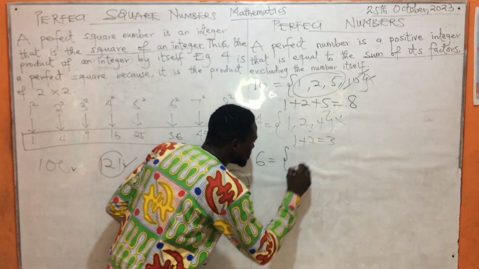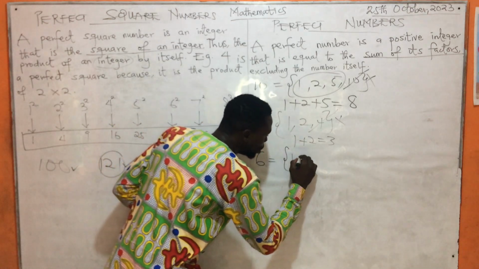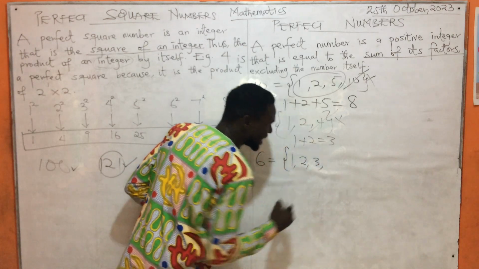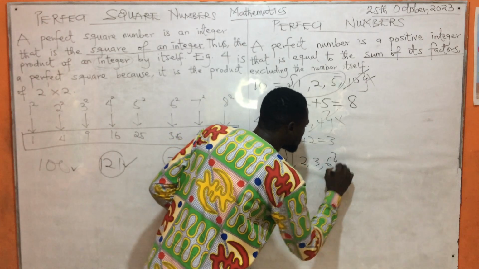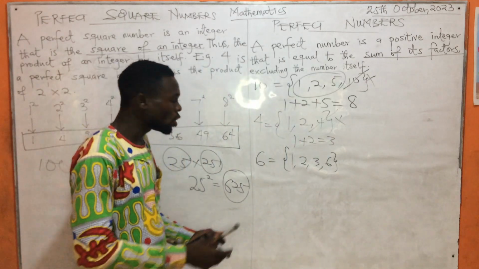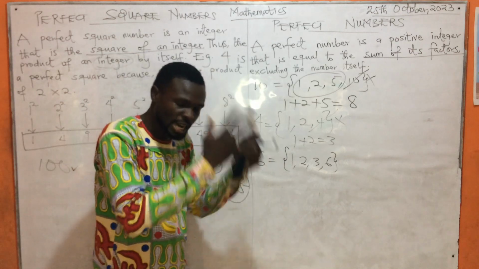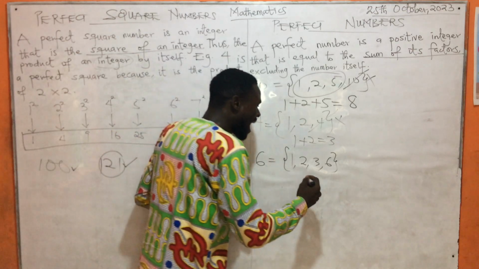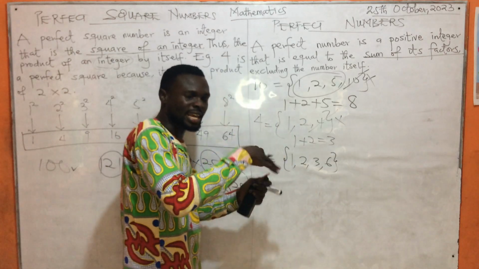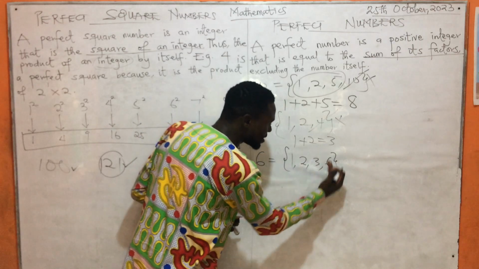Taking 6, finding the factors of 6, you have 1, 2, 3, and 6. So for the number to be a perfect number, what we are saying is that we add the factors excluding the number. So factors of 6 are 1, 2, 3, 6.